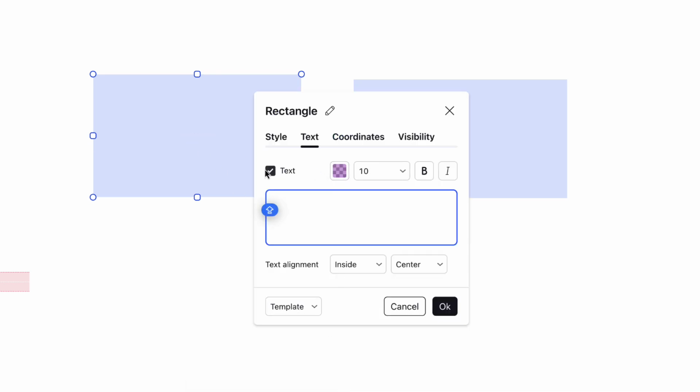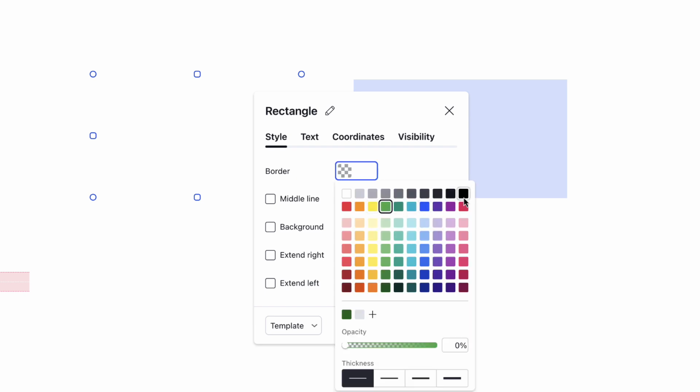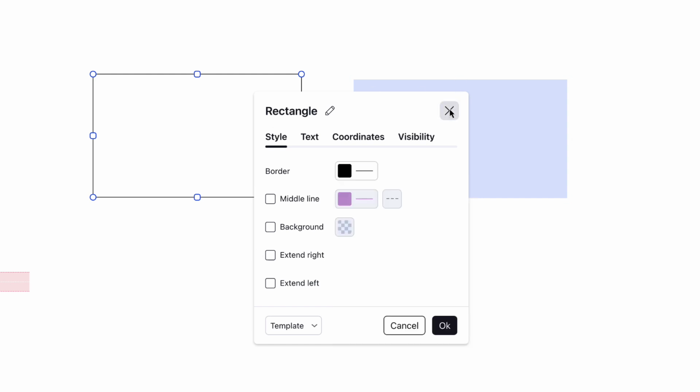Please be patient with me. I may be a little bit slow with this explanation. I'm going to take the background out, and for the border, I want to keep it black so that it can come out clearly. Are you now seeing it? I hope you can see it.